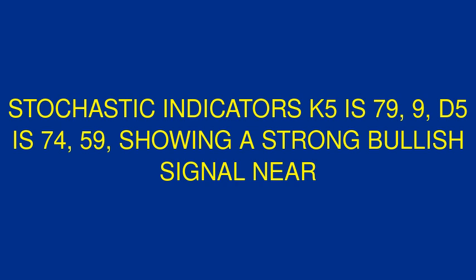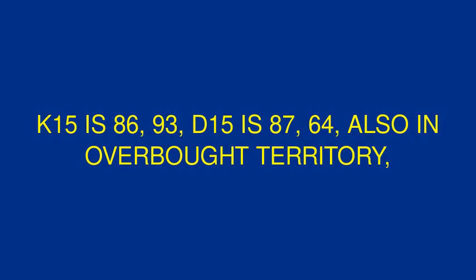Stochastic indicators: K5 is 79.9, D5 is 74.59, showing a strong bullish signal near overbought levels. K15 is 86.93, D15 is 87.64, also in overbought territory, reinforcing the need for caution.